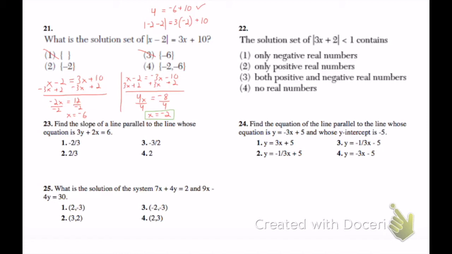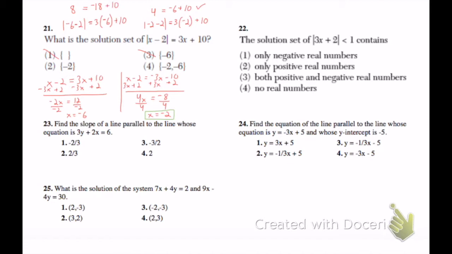So if I throw negative 6 into the original equation, I get absolute value negative 6 minus 2 is equal to 3 times negative 6 plus 10. Does this equal? Well, we see that negative 6 minus 2 is a negative 8, so this pops out the absolute value as 8. And is that equal to negative 18 plus 10?